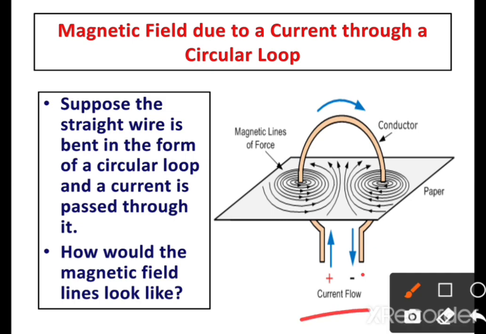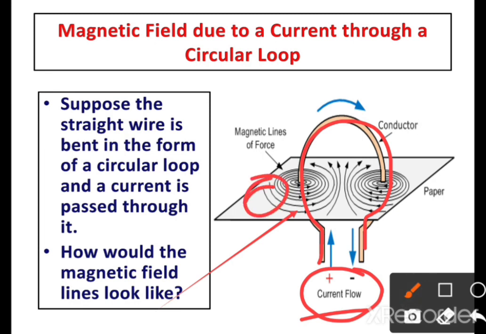See here, the current is passed in the circular loop. How would the magnetic field lines look? See, these are the magnetic field lines around a circular loop. How would the magnetic field lines look like?